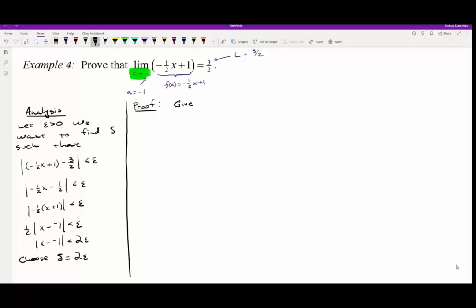So we start off with given epsilon greater than 0. Choose delta equal to 2 epsilon.